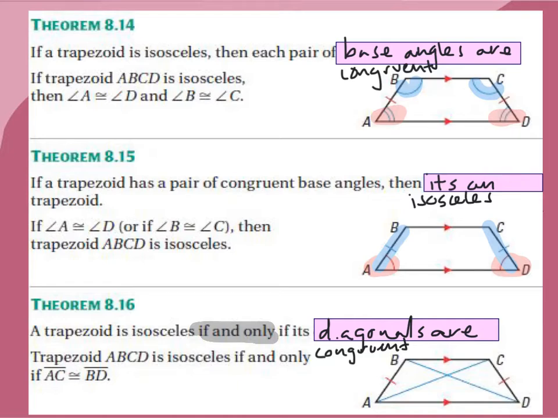So if a trapezoid's diagonals are congruent, then it's an isosceles trapezoid. And if a trapezoid is isosceles, then its diagonals are congruent. So AC is congruent to BD. So these are all theorems about trapezoids.